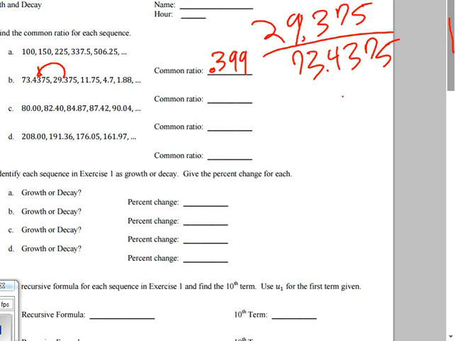So going down to our second step here, is this growth or is this decay? Decay, yep. Perfect. We'll be doing a lot of growth. Percent change. So now, how would we write this number in terms of 1 minus something? How would we write 0.399 in terms of 1 minus some number?